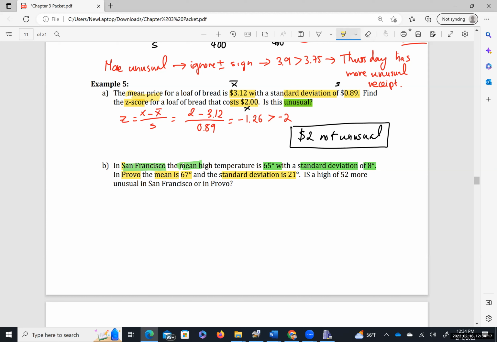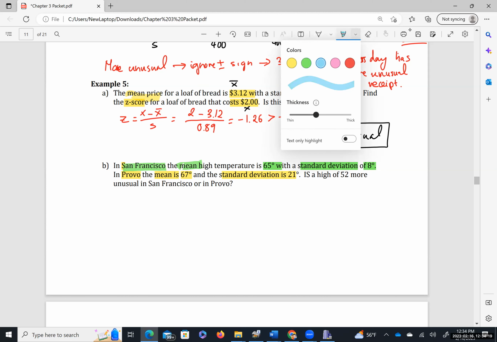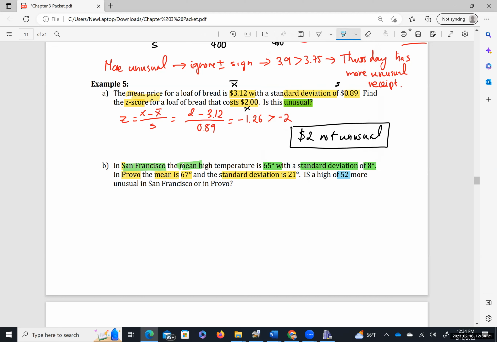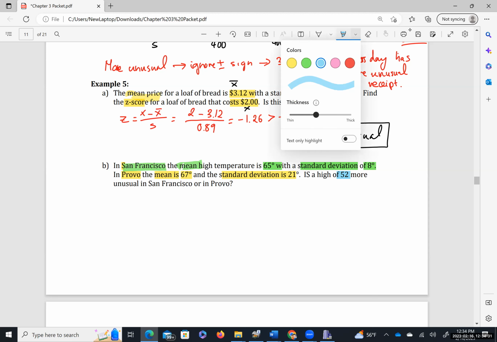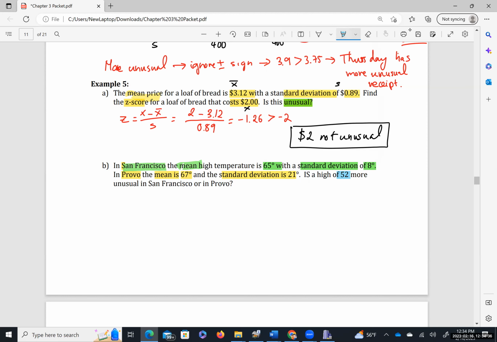We want to check whether 52 is more unusual in San Francisco or in Provo. So we have to compare, with the word more, right?